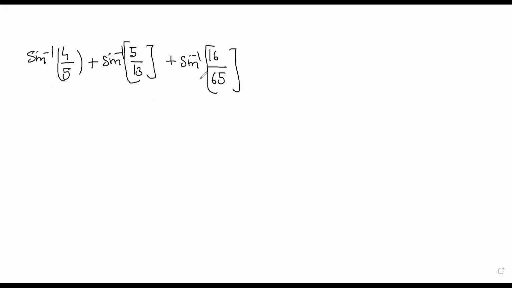Here, three things are given. How to deal with them? We do the usual way. Let sine inverse 4 by 5 be alpha and sine inverse 5 by 13 be beta. So first let's solve for these two.